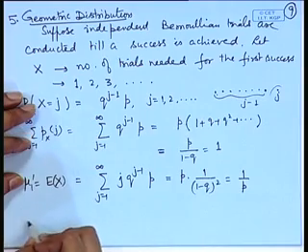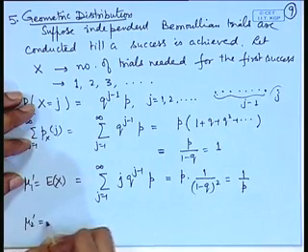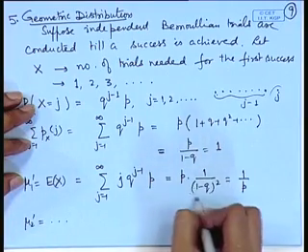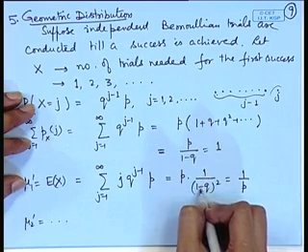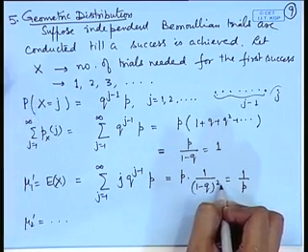Now, if we want to calculate, say, mu 2 prime and so on, then we will need to consider the expansions of (1 minus q) to the power minus 3 and so on.